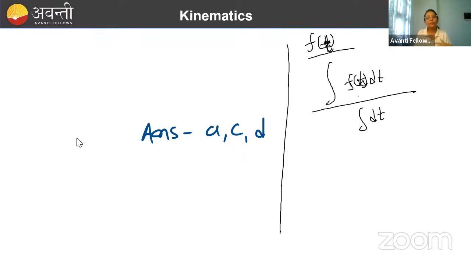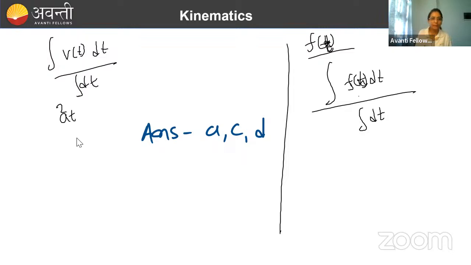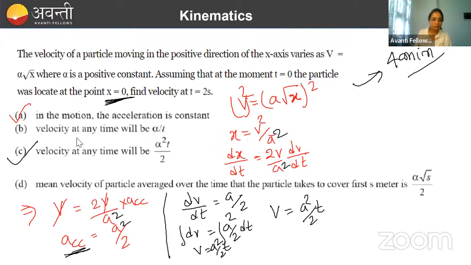So if we have to calculate the mean of velocity, we have to write velocity as a function of time, integrate dt, divided by t. Now velocity as a function of time we have calculated: that is a square t by 2, dt. So we have to calculate the average over the time that the particle takes to cover the first s meters.